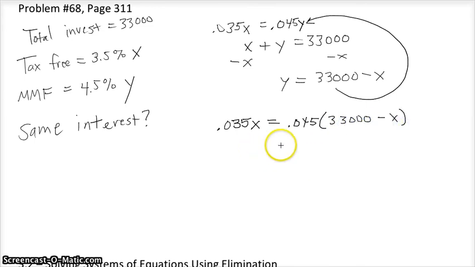It's just a simple equation with one variable that lets you find x. Then you use the fact that you invested a total of 33,000 to find y. But the answer you should get is that x is equal to 13,500.